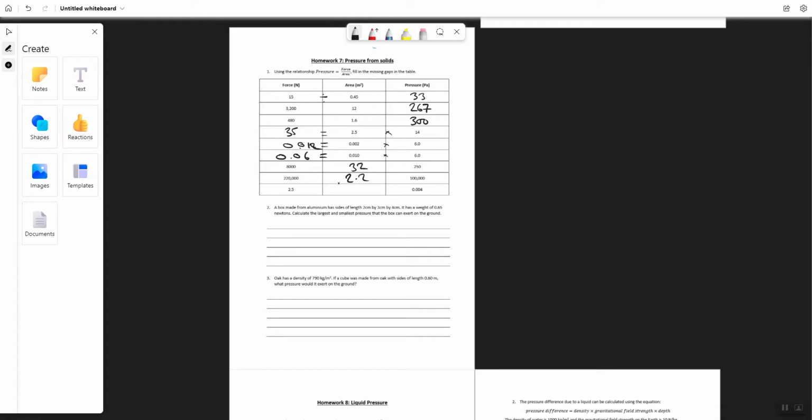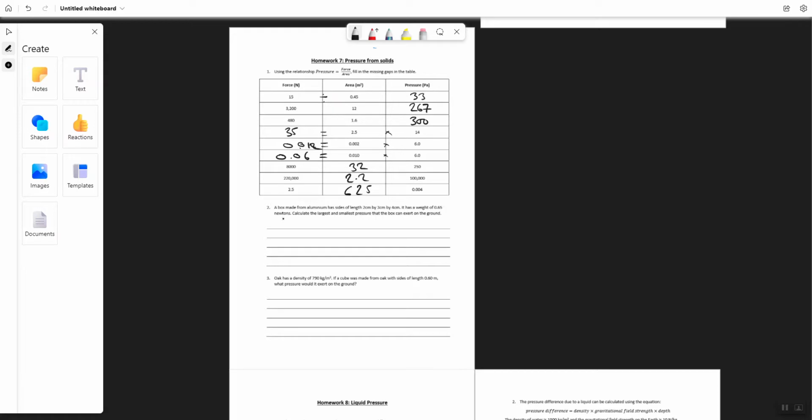And again, 2.5 divided by 0.004 is 625. Okay, so the key thing about what pressure is, is that it's how squished a force is. So are you squishing your force into a small area or into a big area?